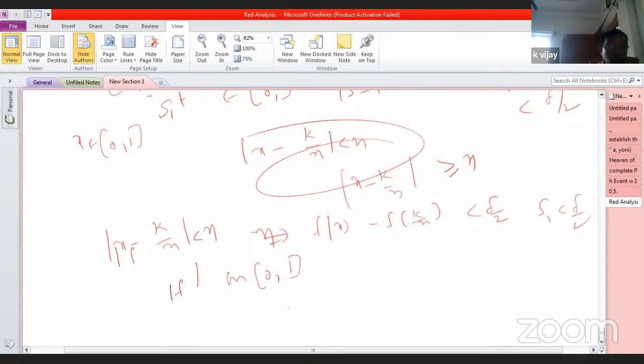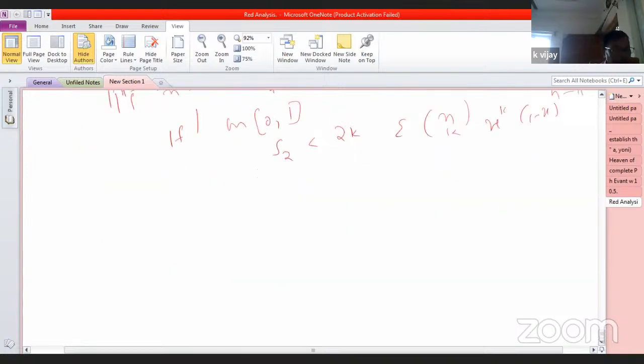So therefore S2 is less than 2K summation of nCk x^k (1−x)^(n−k), where sigma dash is extended over the values of k in the S2 condition. In the S2 condition we can write modulus of x minus k by n greater than or equal to delta.